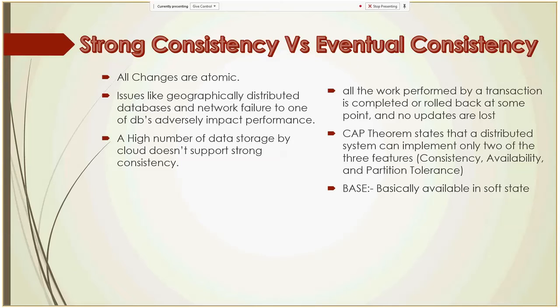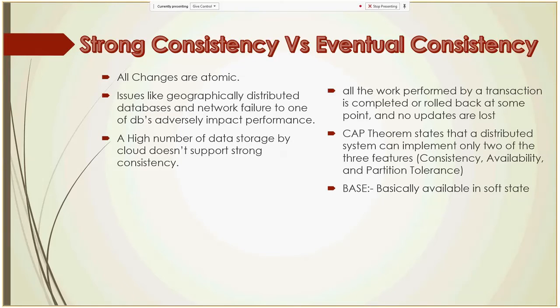So going back to history a little bit, eventual consistency stems from something called CAP theorem, which states that distributed databases or distributed systems are subject to CAP theorem, and at any given point in time, only two of the three properties, which are consistency, availability, and high partition tolerance, will be achievable.